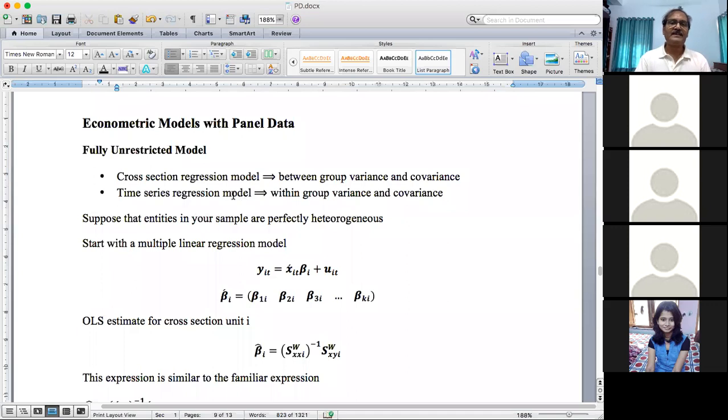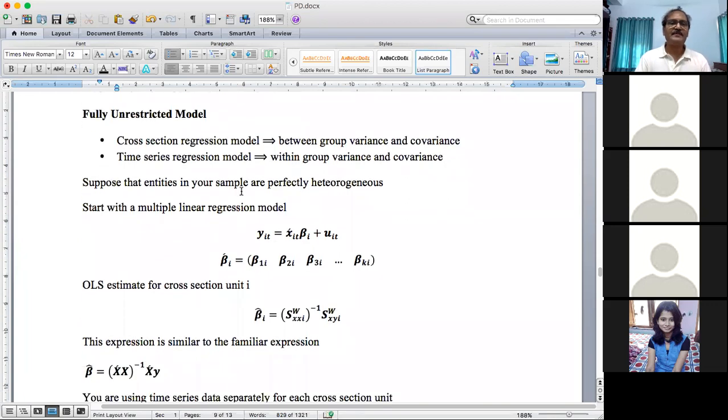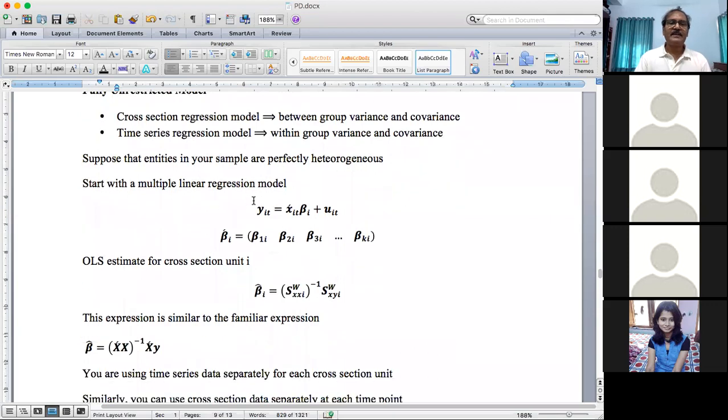So in a time series regression model, we are utilizing the within group variance and within group covariance measure. Okay. So to start with, suppose we are considering a multiple linear regression model like this. You are familiar with this kind of model. Y_i in the case of cross section, we have used earlier.